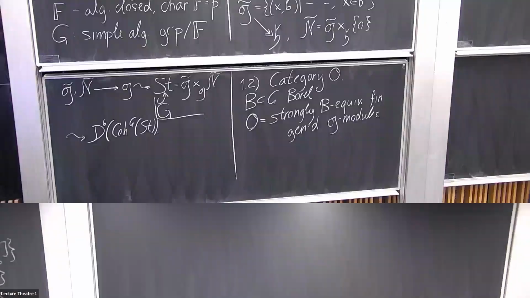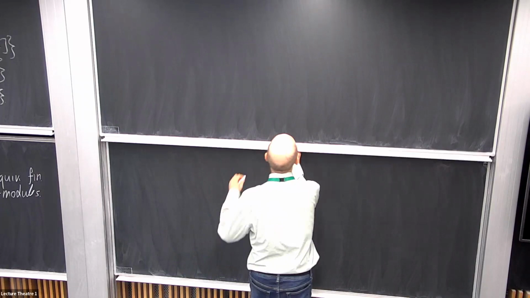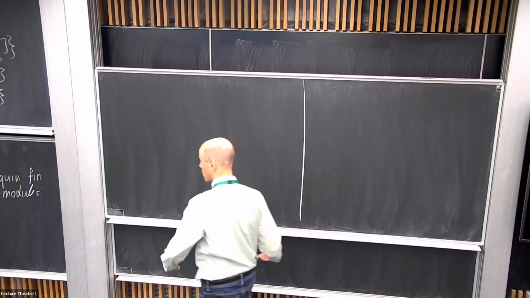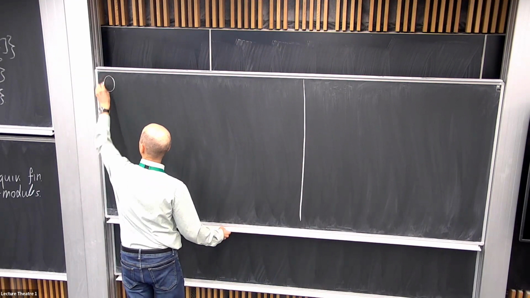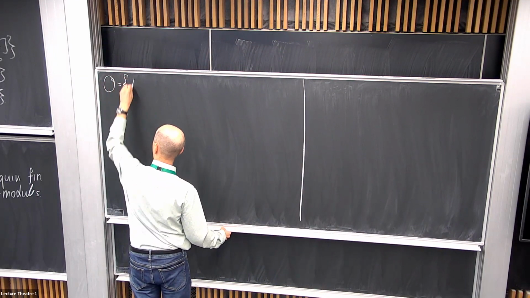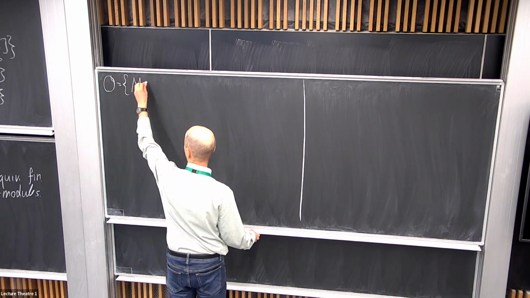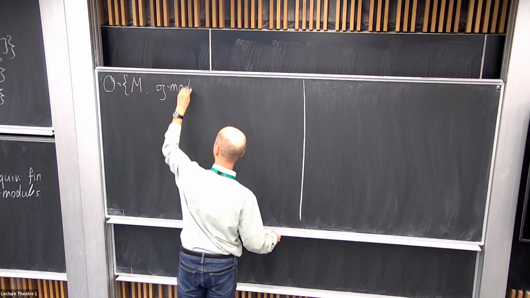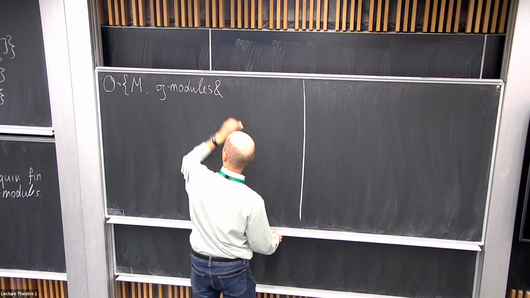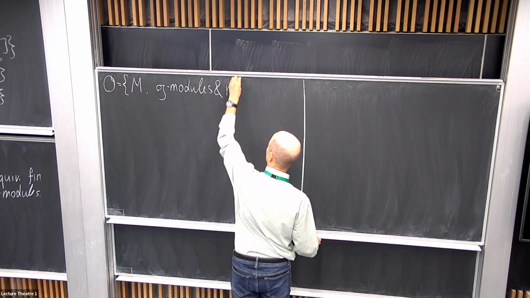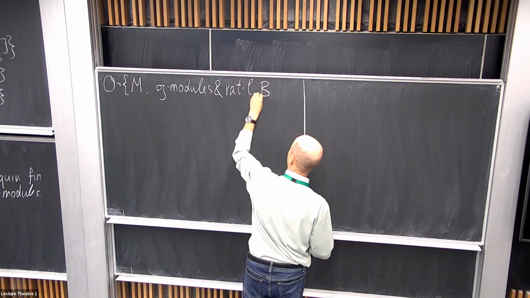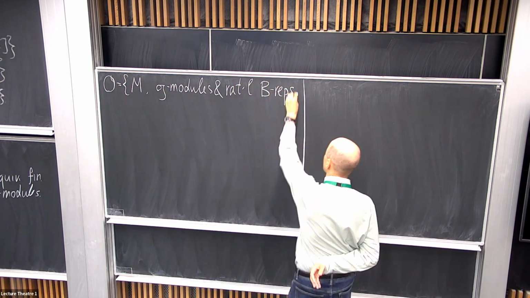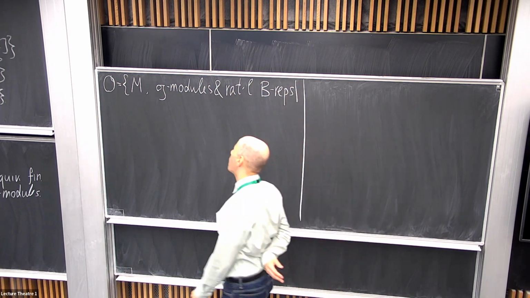So let me explain what this means in more detail. So my O consists of M, which are modules over g and rational representations of B. And I want them to be subject to the following conditions.